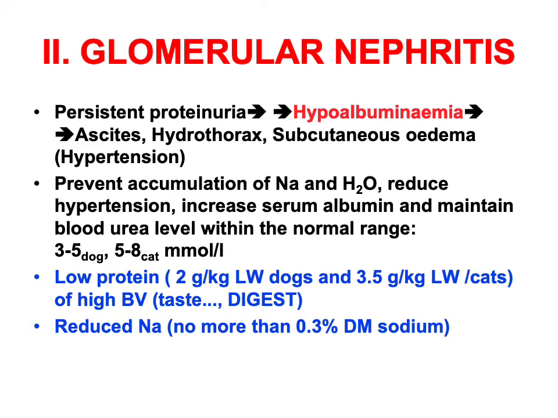At the same time, with the feeding, we have to maintain the blood urea level within the normal range, which is different in the case of dog and cat. In the case of dog, this is 3 to 5 millimole per liter, and in the case of cat, 5 to 8 millimole per liter.